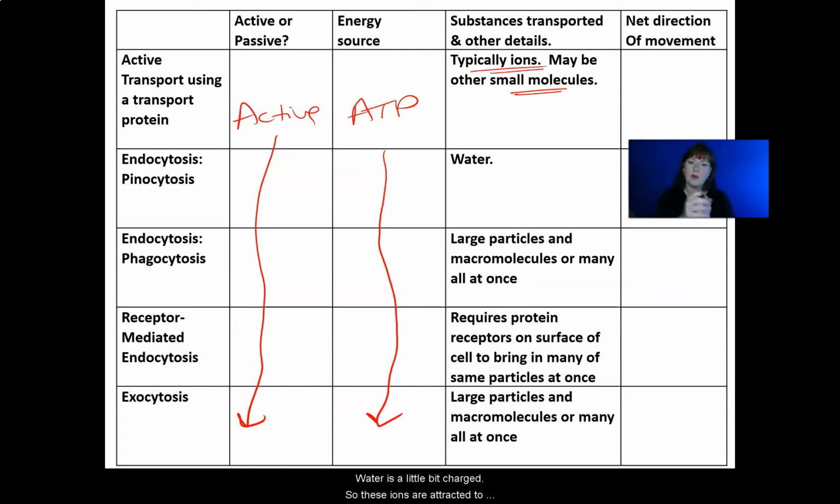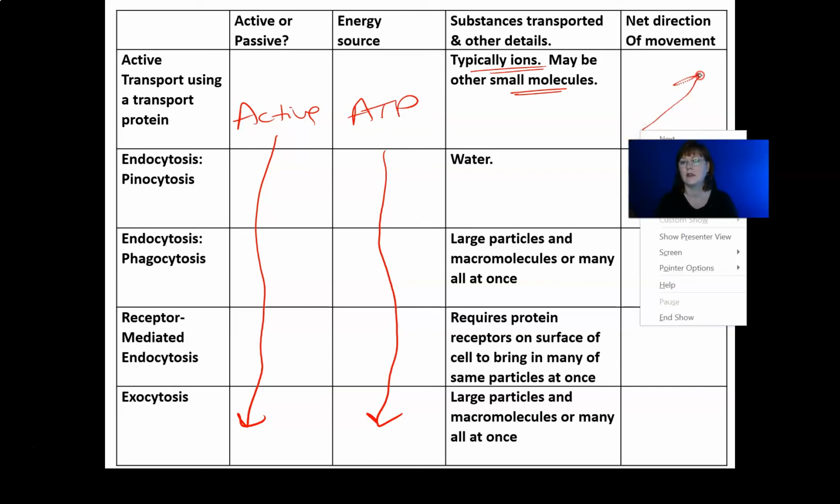So these ions are attracted to the water, which means they're not going to want to go through those tails of the membrane that are non-polar or repel water. In this case, we're going to be moving these atoms or molecules against their gradient. So we're going to go from where there's less to where there's more.